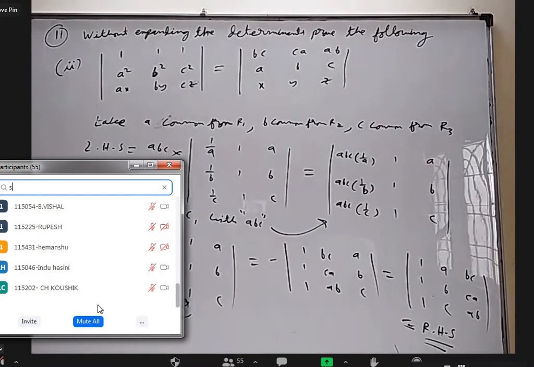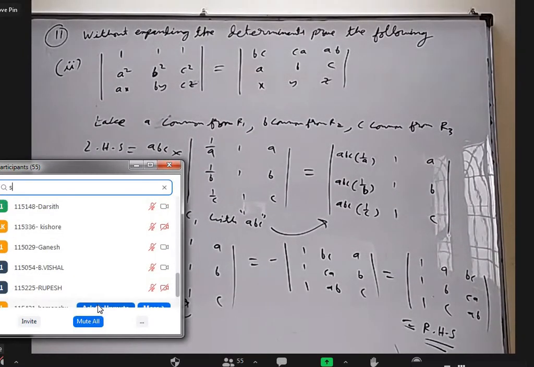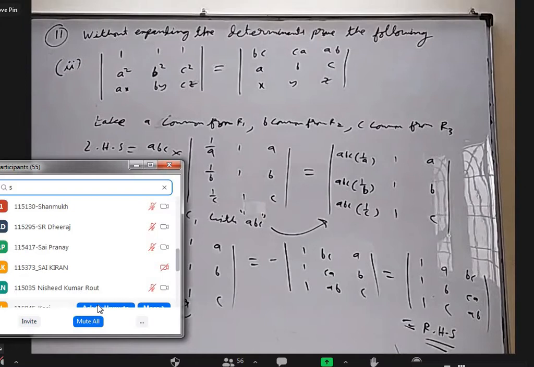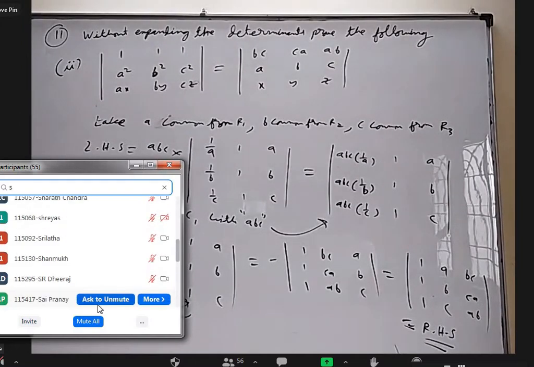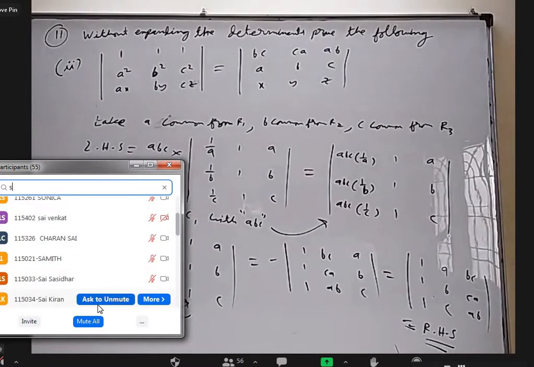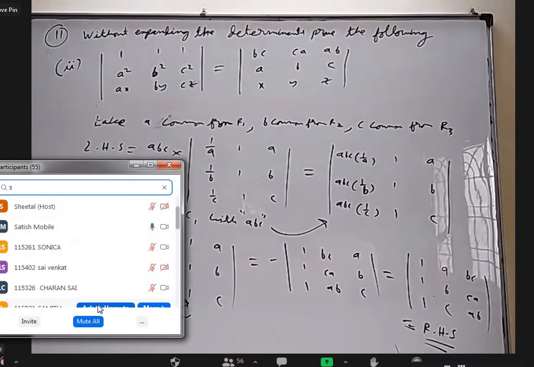Hemanshu, Rupesh, Kishore, Kamsivardhan, Ashta, Kasi, Sai Kiran, Sreyash, Sai Venkat.